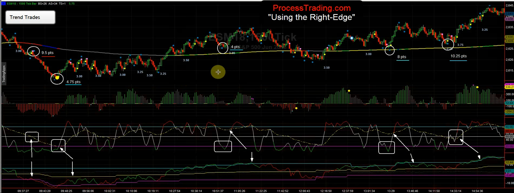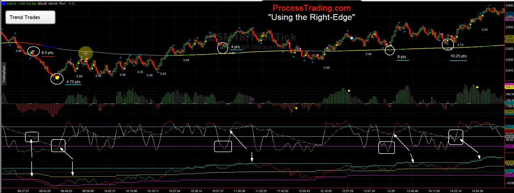On the process trading system, for a trend trade, you can go long or you can go short. To go long, the process trading VWAP line has to be yellow, and to go short, the process trading VWAP line has to be gray.